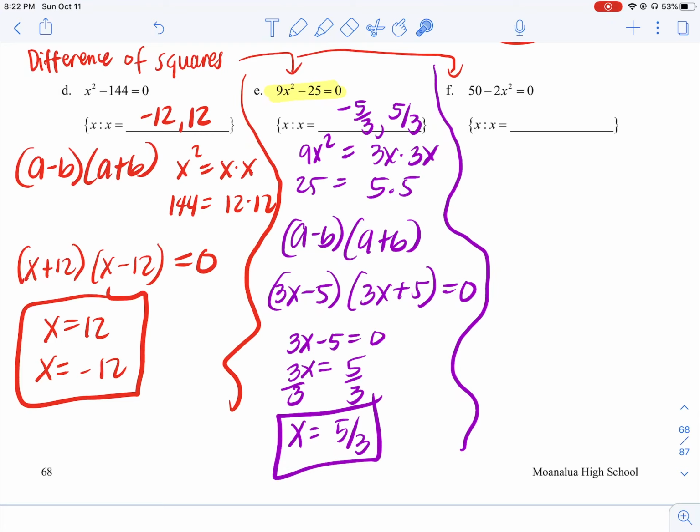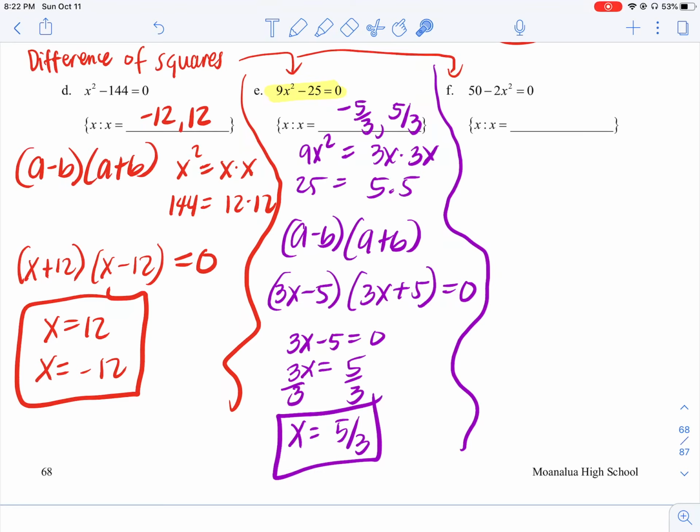Okay, now we have a problem. 50 is not a perfect square. 2 is not a perfect square. But they have something in common though, right? So what is the greatest common factor of 50 and negative 2? They can both be divided by negative 2.